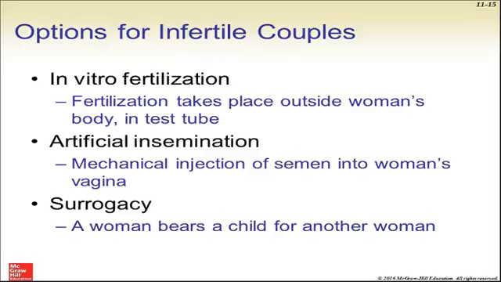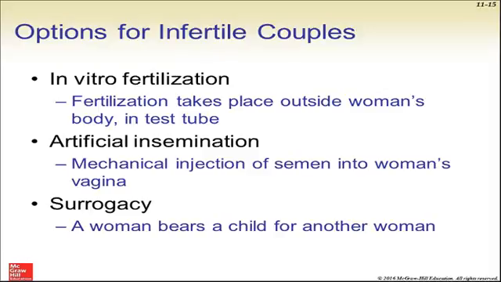Here are some listed. In vitro fertilization. This is where fertilization takes place outside the woman's body in a test tube. So a fertilization specialist brings an infertile couple's eggs and sperm together in a test tube. And when fertilization occurs, they then transport the resulting embryo back into the female's uterus.